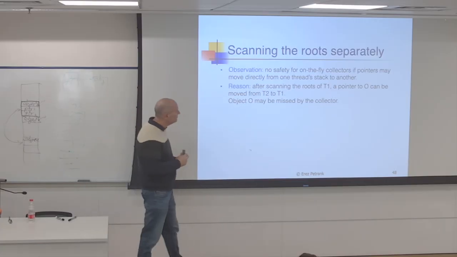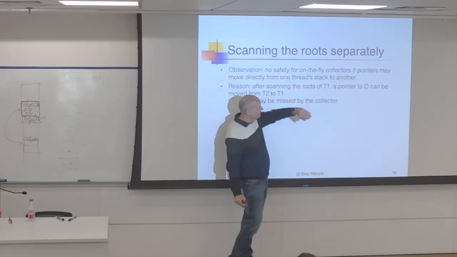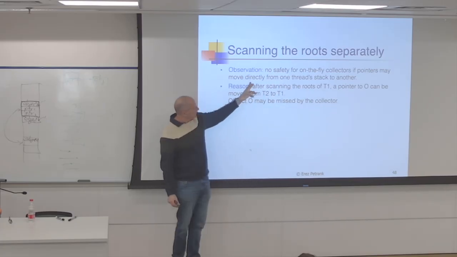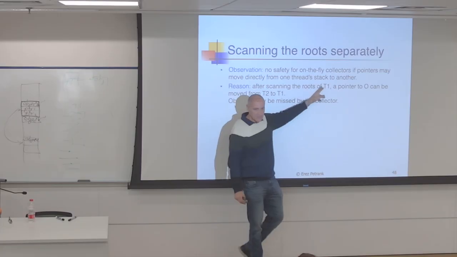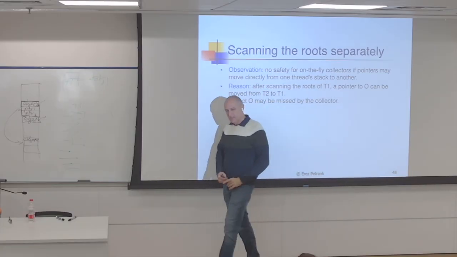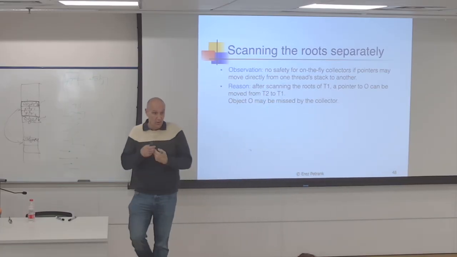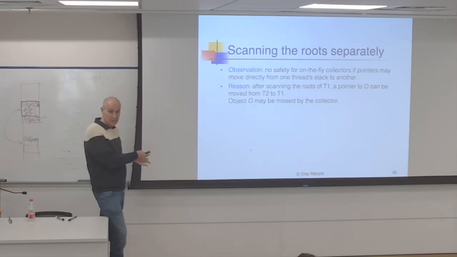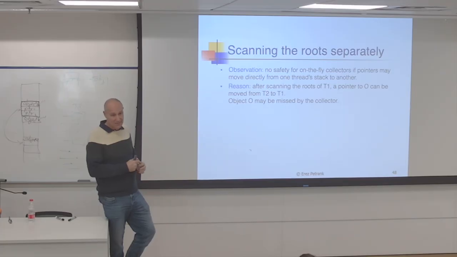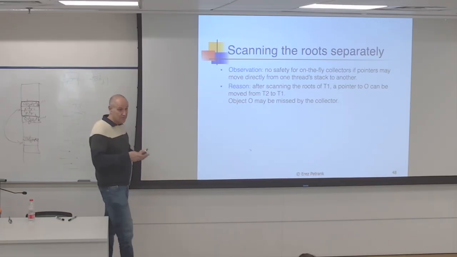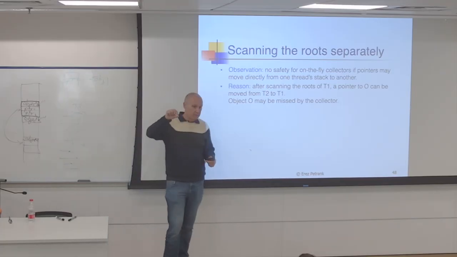So there's no safe on-the-fly collector if you could move pointers directly from one thread stack to another. Now, in Java, that is not possible. You cannot write to the stack of another thread. In C, you could do that, but it would require some effort. A thread would need to look at a local variable.